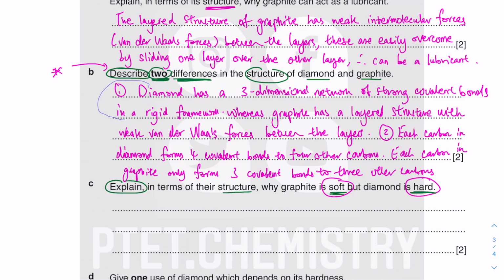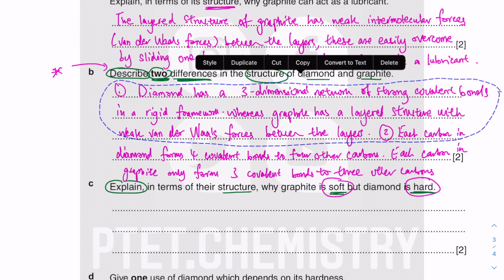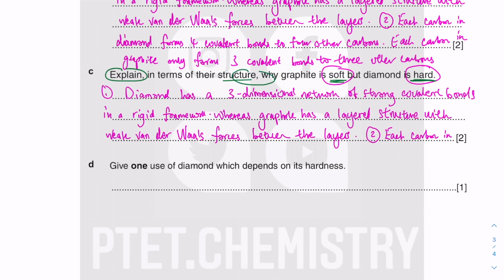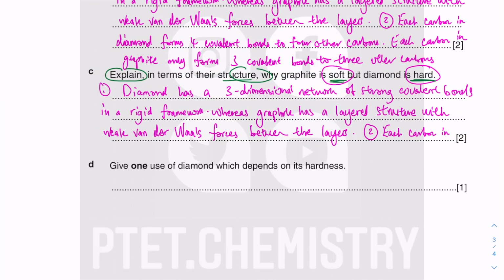So what I can do is I can just copy this thing, and I don't have to write again, but I hope what I explained previously makes sense to you in terms of diamond having a 3-dimensional network of strong covalent bonds, very rigid framework.